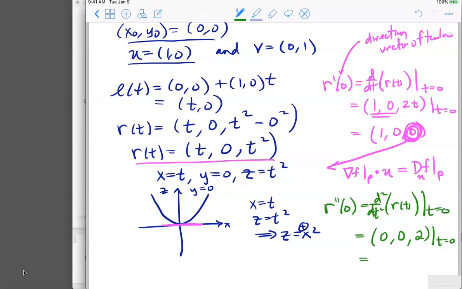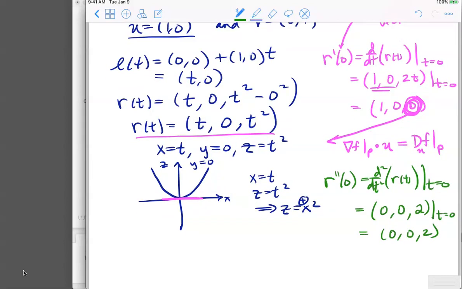Evaluating at t equals 0, you get 0, 0, 2. And it was this 2 that we saw from before, that there was a shortcut way to compute, and it was the Hessian of the function f at the point P dotted with u, dotted with u. So do the second directional derivative, and you will also get 2.